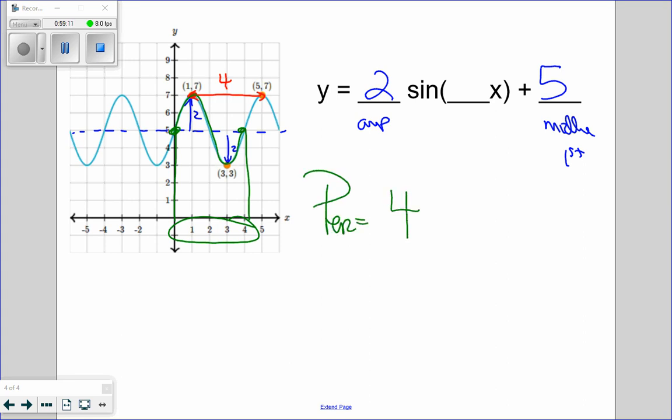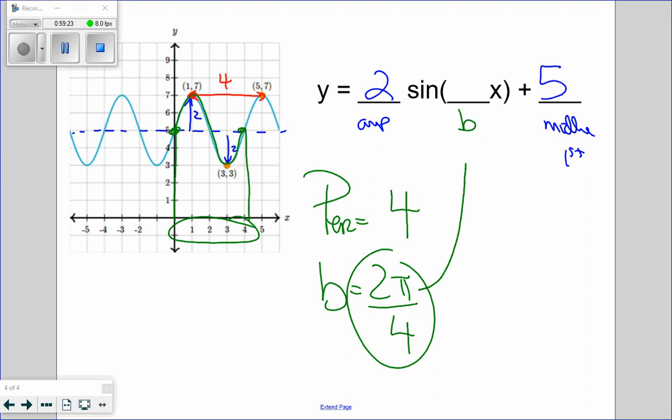Not 4 pi, just 4. So the b value is 2 pi divided by 4. You can either leave it as half a pi, or punch it into your calculator and get 1.57. The b value is the nasty one.